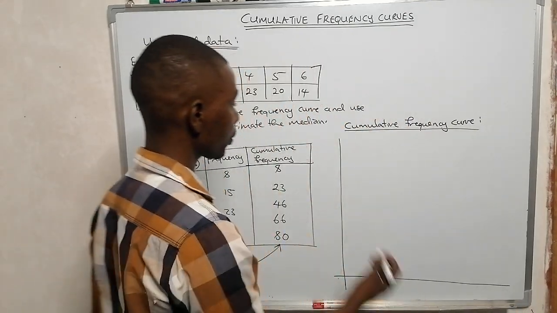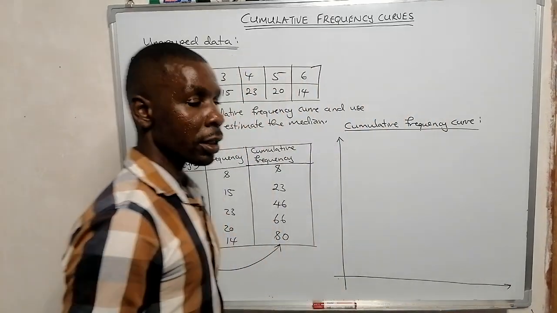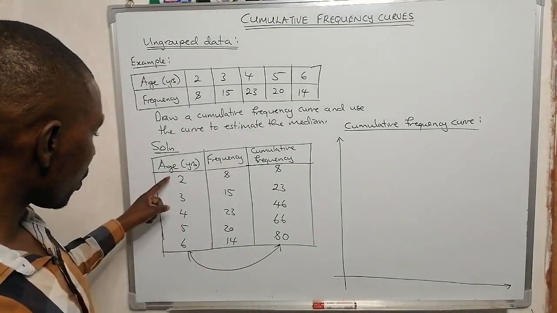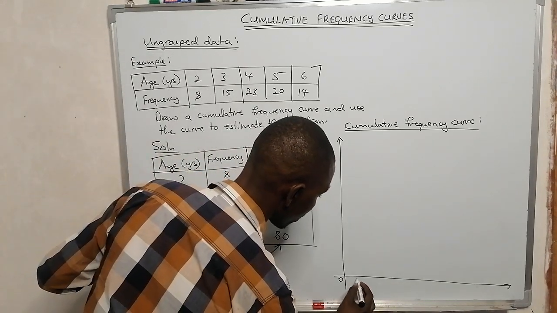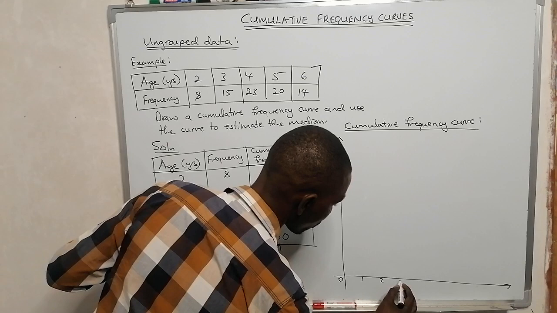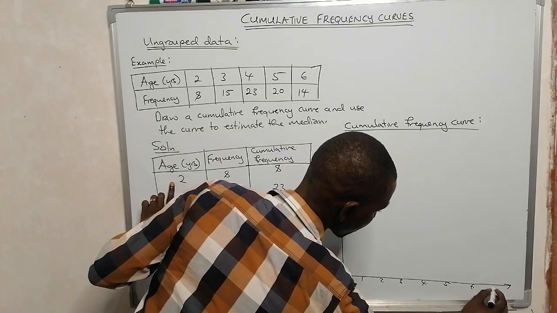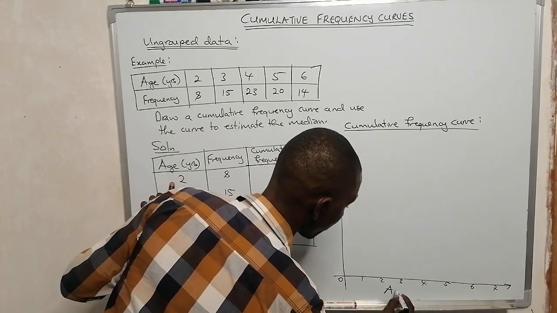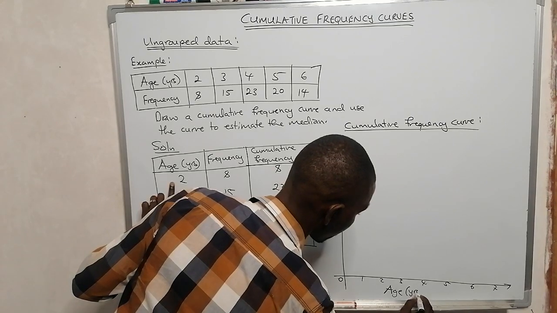I hope you are following. Cumulative frequency curve. On this axis, we can use 1 up to 6. We have 0 here, 1, 2, 3, 4, 5, up to 6. Then you write age. Don't forget to label your graph in years.